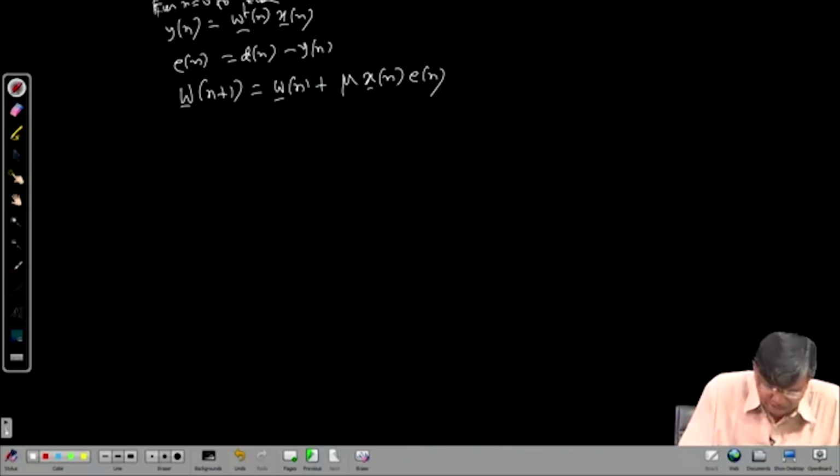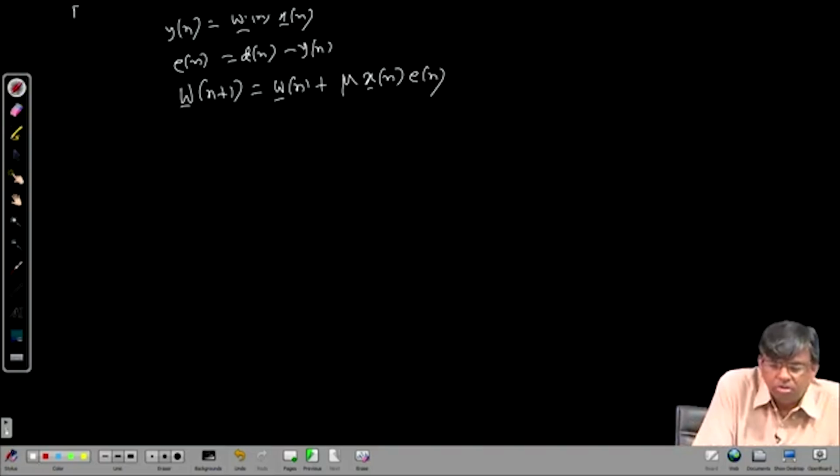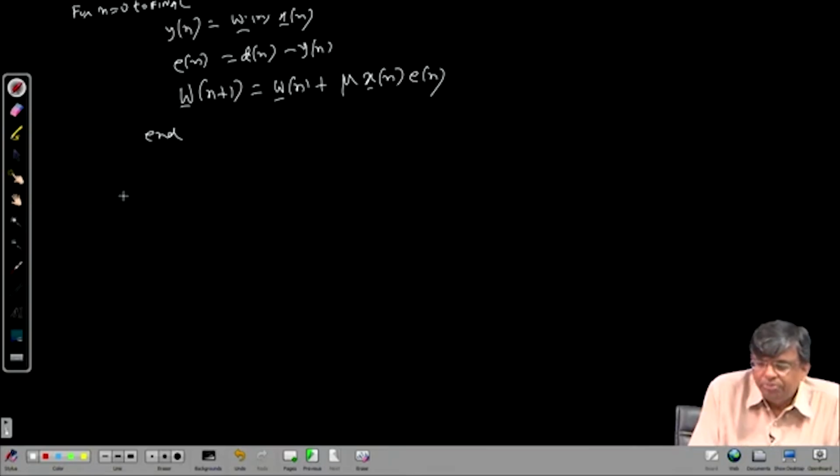Let me write this somewhere else, because there is no space here. For n equal to 0 to anything, maybe final, some index of your choice, you do this. The only thing is, at n equal to 0, W 1 requires W 0.